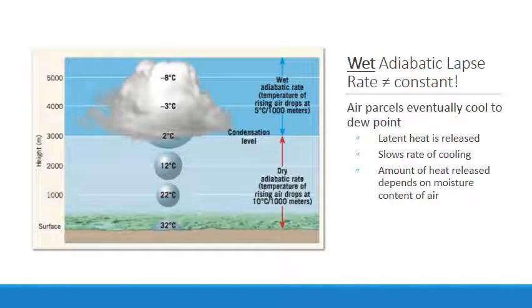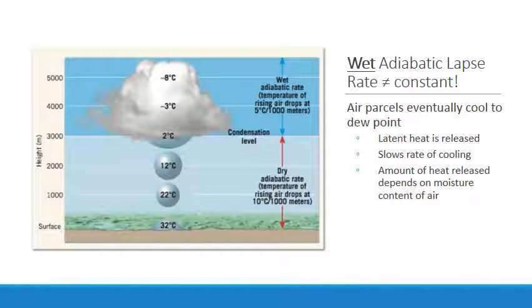If I go all the way up to 2,000, I've lost another 10 degrees C, so I'm at 12 degrees C. And by the time I'm at 3,000 feet, I'm at 2 degrees C. So if that air parcel rises high enough, and in this case it has, it cools to its dew point, and we see condensation occur.